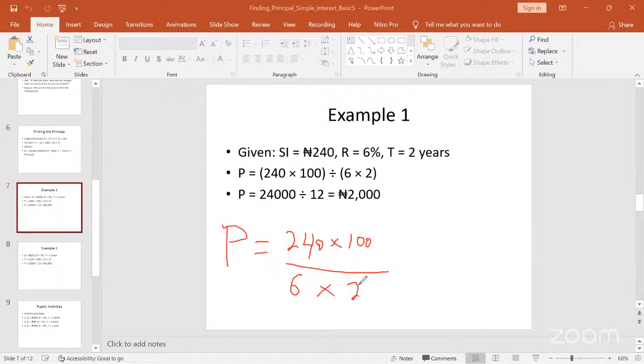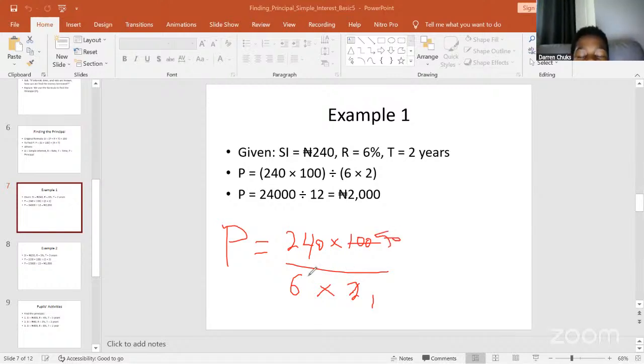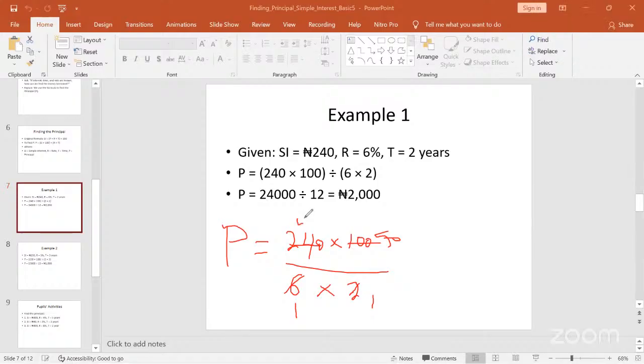So we can actually start dividing right now. 2 in 100 is going to give us 50. 6 in 240 is going to give us what? 40, because 6 in 24 will give us 4, then 0 divided by 6 will give us 0.